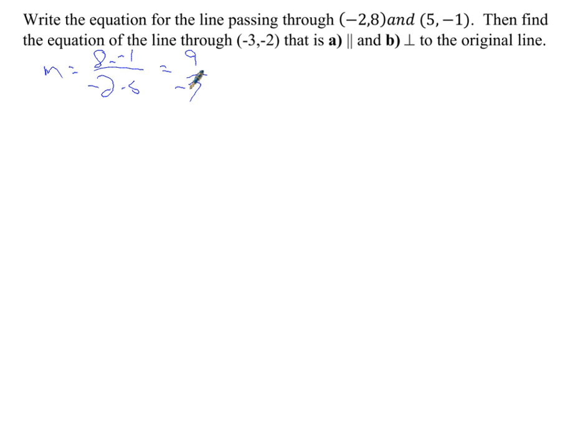Point slope. All right. What do we got? Okay, we're using the second point. Equals.